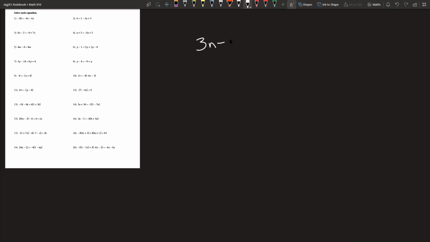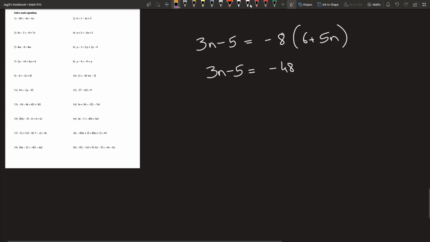So next up, what we have is 3n minus 5 is equal to minus 8 times 6 plus 5n. Okay, we got to FOIL everything. So this is 3n minus 5. This will be minus 8 times 6, which is minus 48. Minus 8 times 5n is actually going to become minus 40n.